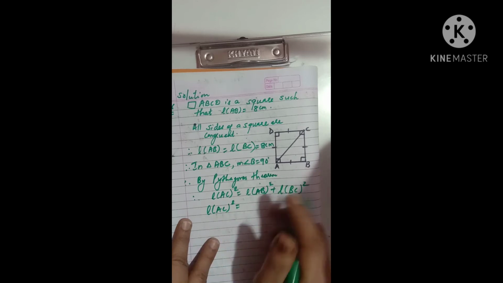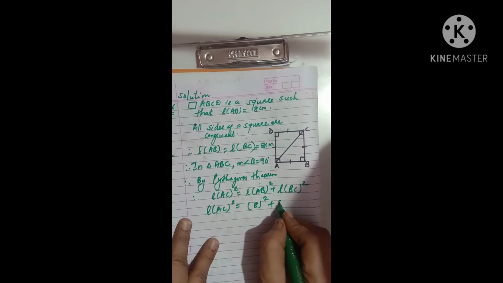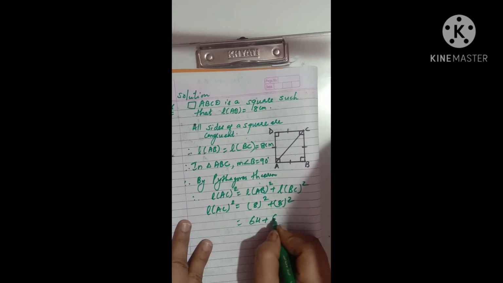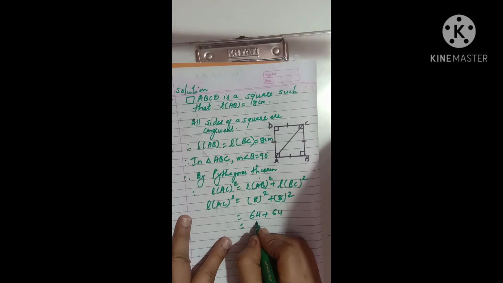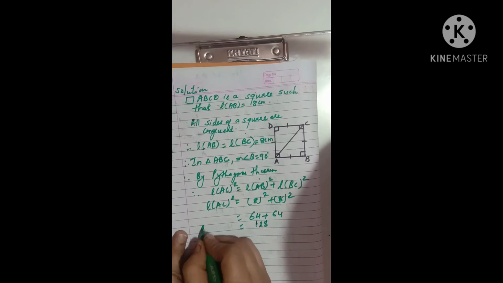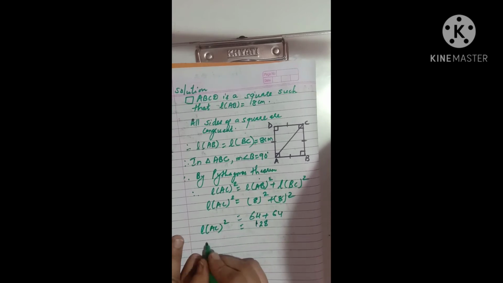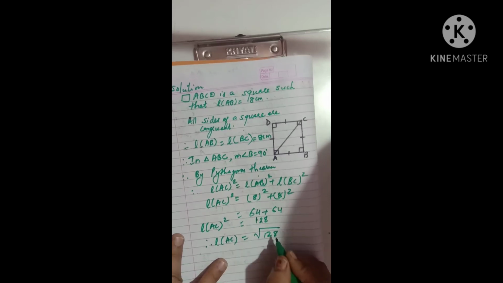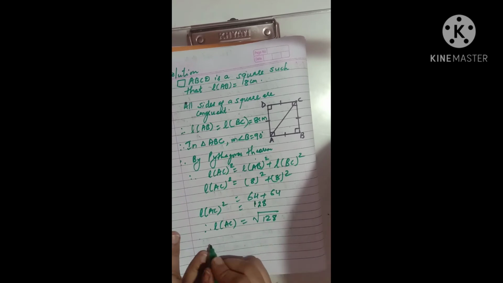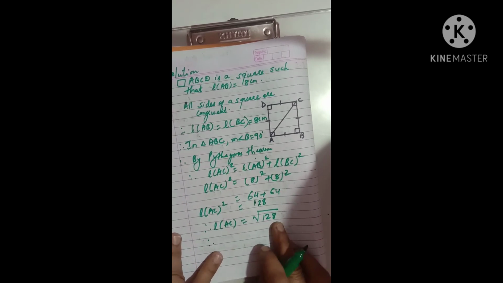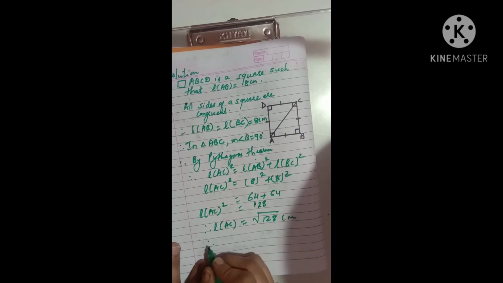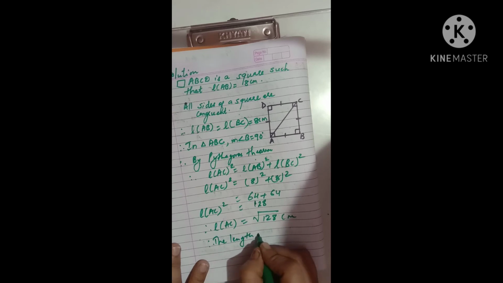Length of AC square is equal to 8 square plus 8 square. So this is equal to 64 plus 64, and that is equal to 128. Length of AC square is equal to 128. Therefore length of AC is equal to square root of 128 centimeter.